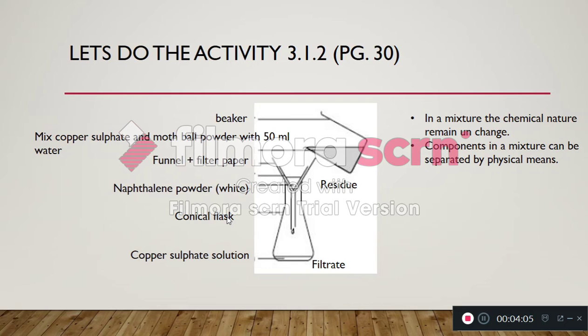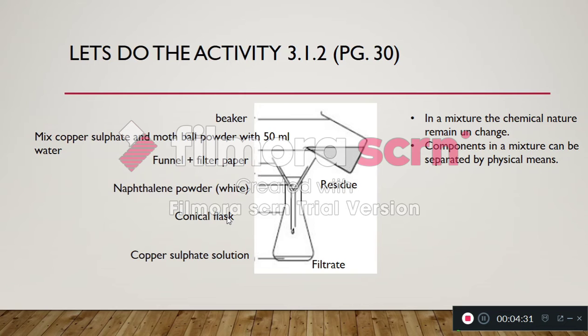In activity 3.1.2 on the same page, you have to use the same mixture which you have already prepared. Put the mixture into a 100 ml beaker and add 50 ml of water into it.